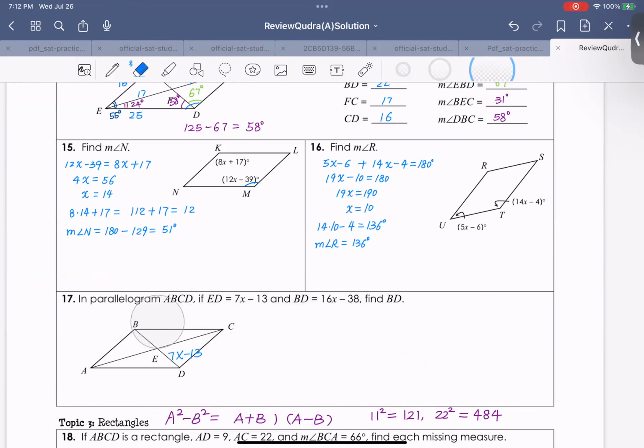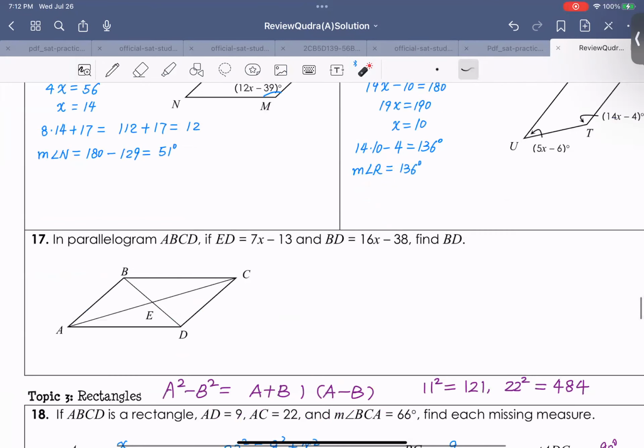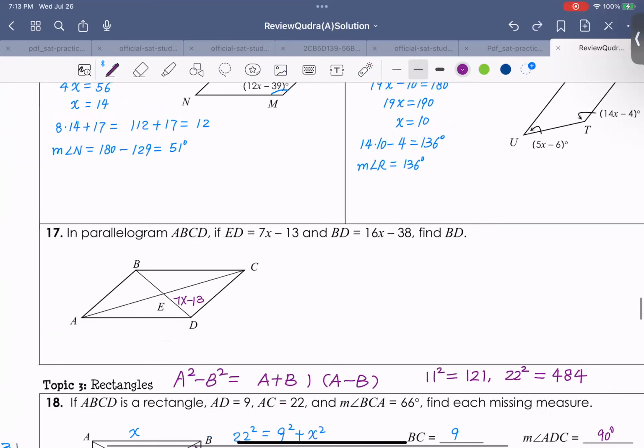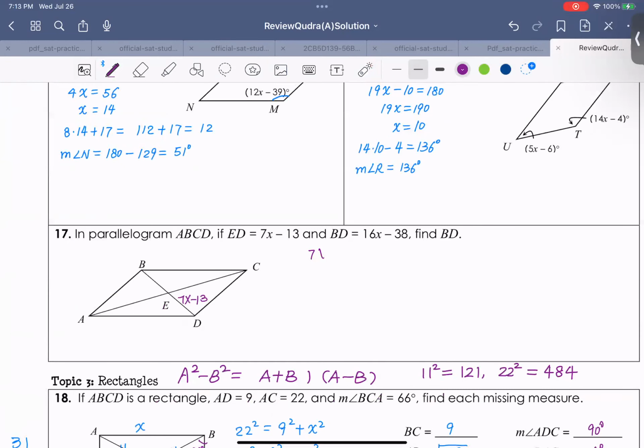Next one. Let's try this one here. Based on the information, we can mark it over here. This is 7x minus 13. And then let's figure out the equation. So 14x minus 26 equals 16x minus 38. So here, the ED, 7x minus 13, double, right?